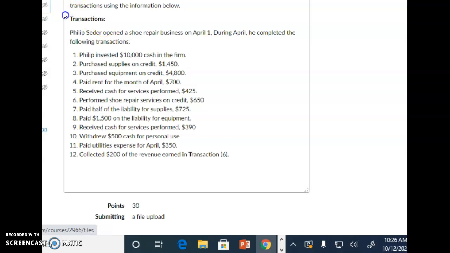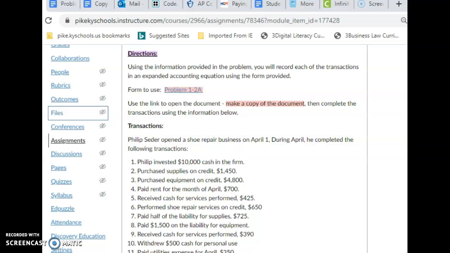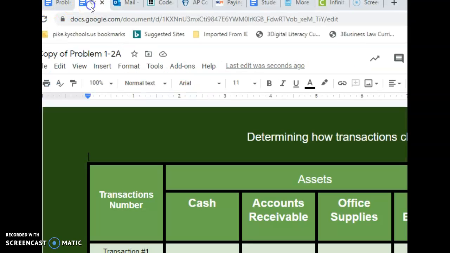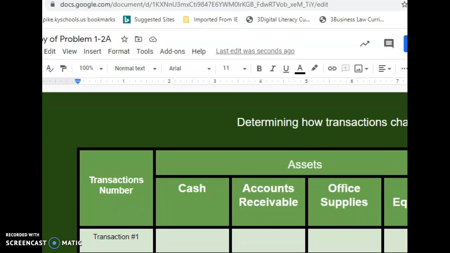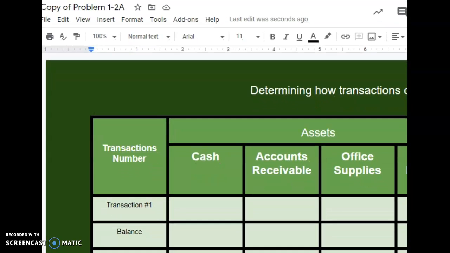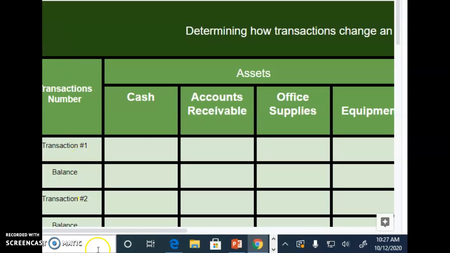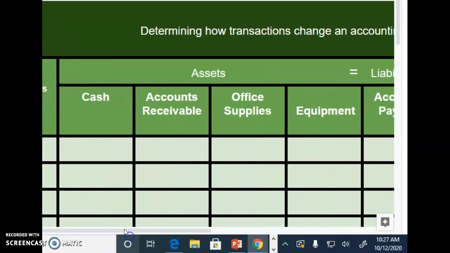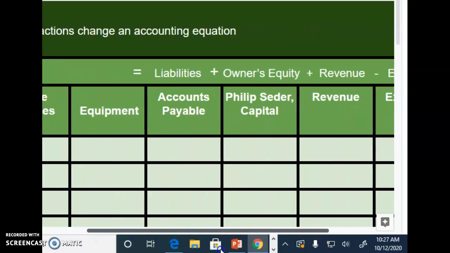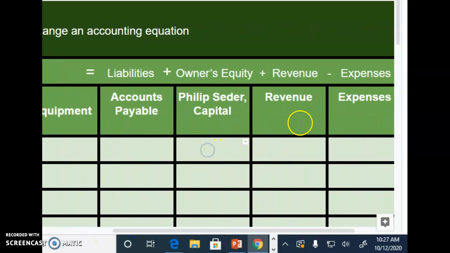Let's go back and open our problem 1. Now remember, this is copy of problem 1-2A. So if he put $10,000 in, it's plus 10,000, and then you will increase his capital account $10,000.